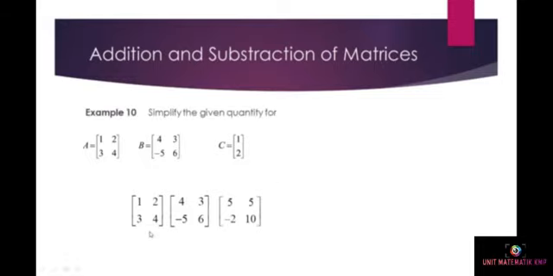Example 10. Simplify the given quantity for A, B, and C. Find A plus B, A minus B, A plus C. A plus B equals matrix A plus matrix B. So we get here 5, 5, negative 2, 10.